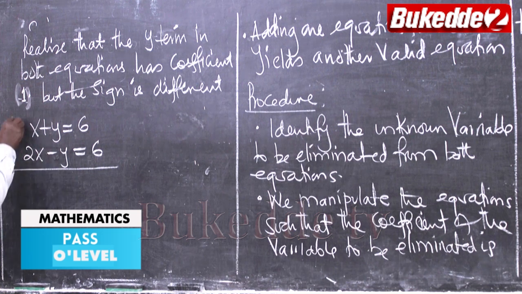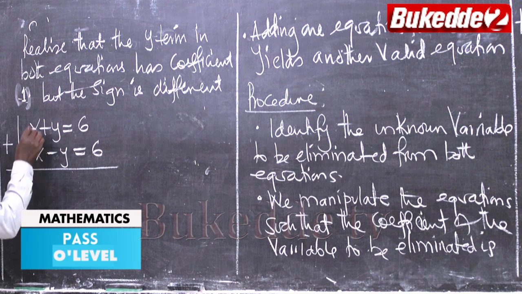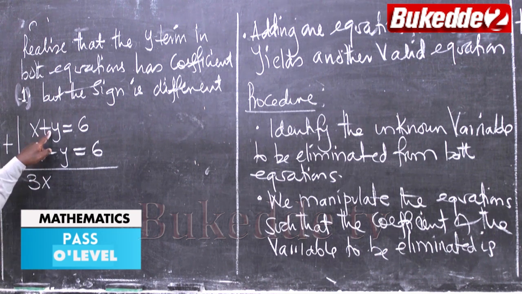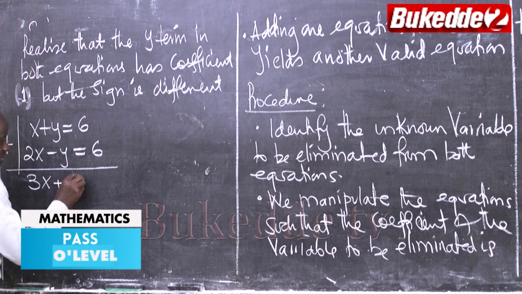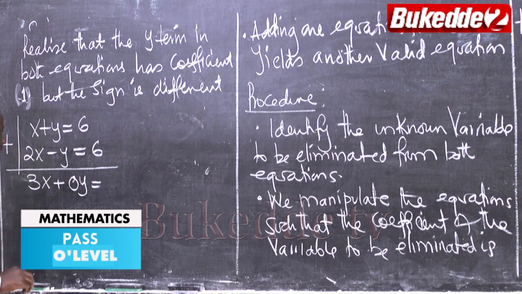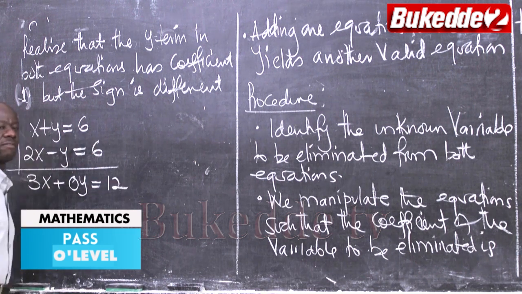So when we add vertically, 1x plus 2x gives us 3x. Positive 1 plus negative 1 gives us 0. Whereas 6 plus 6 is equal to 12.